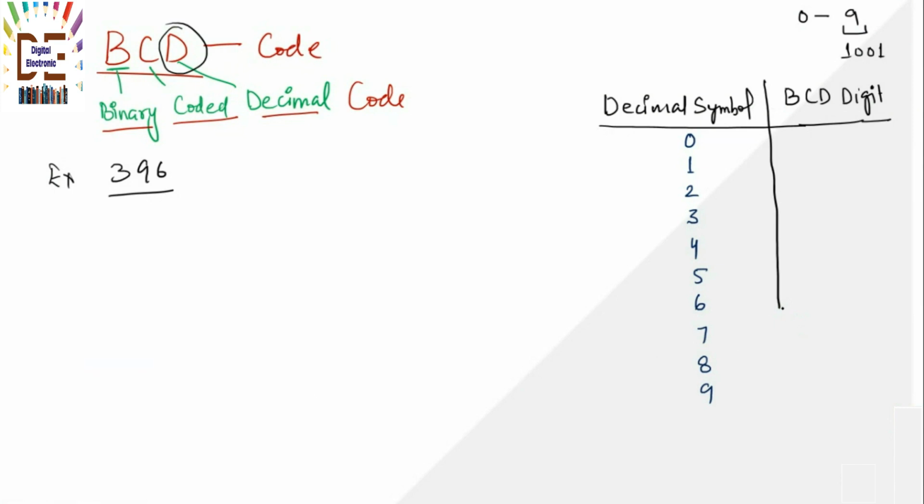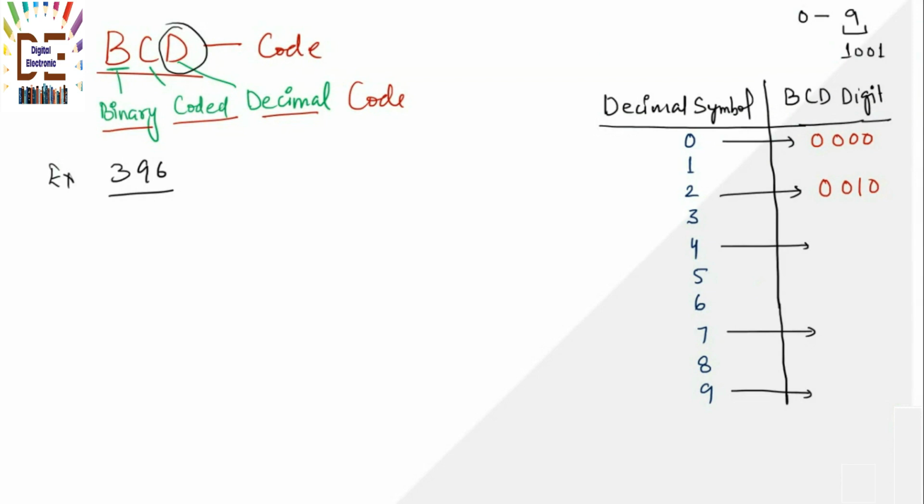If I write the equivalent of it, let's take some random samples. For 0, I have to write 0000. For 2, I have to write 0010.